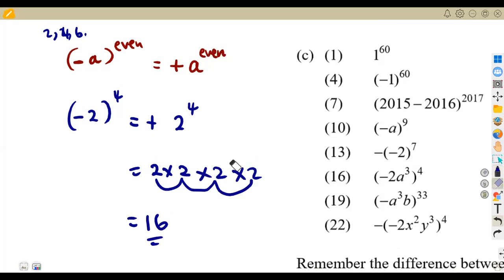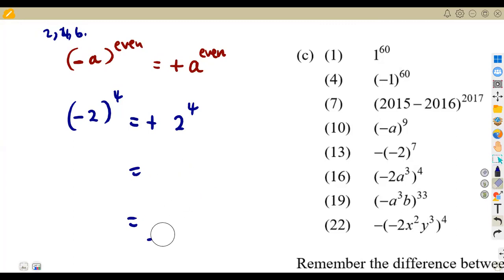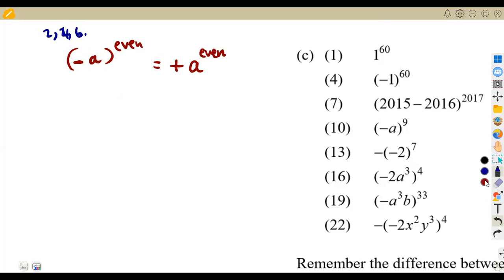But what if it was raised to an odd number, which is not an even number? So we now have negative a being raised to an odd number. Odd numbers are those numbers that when you divide by 2, they give you a remainder of 1.